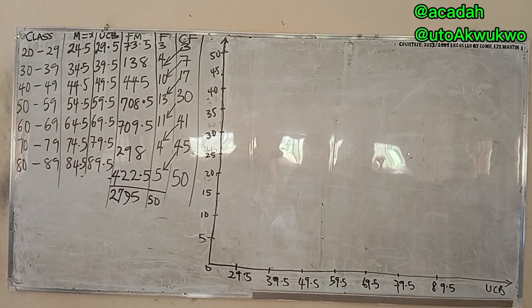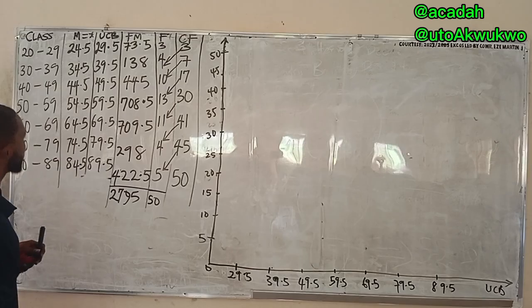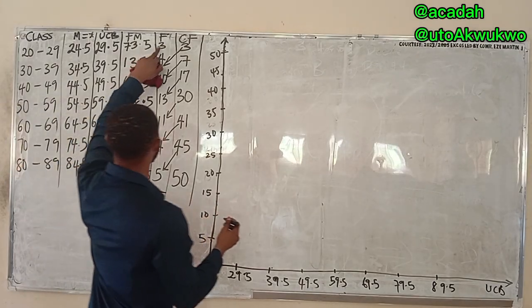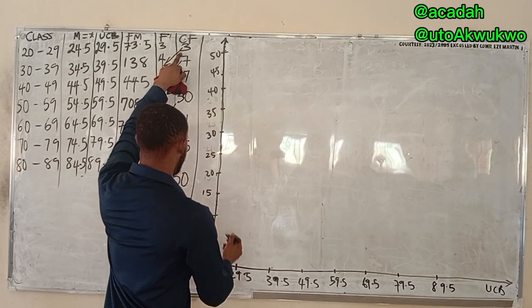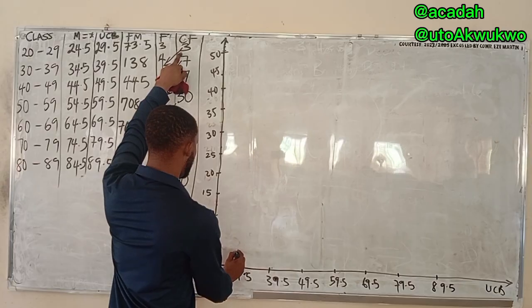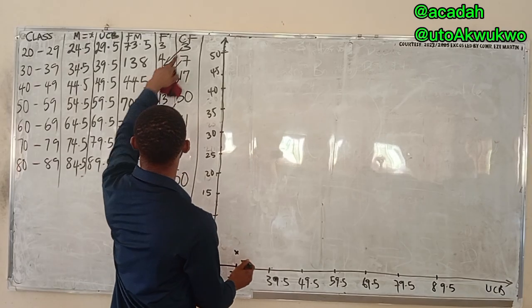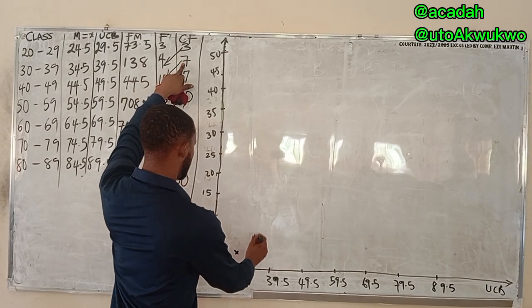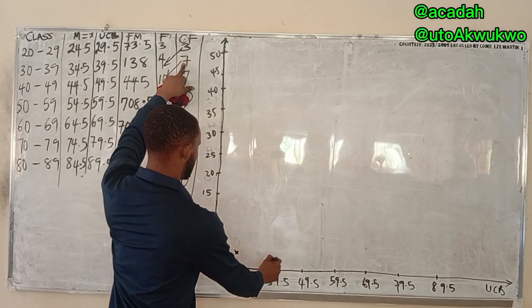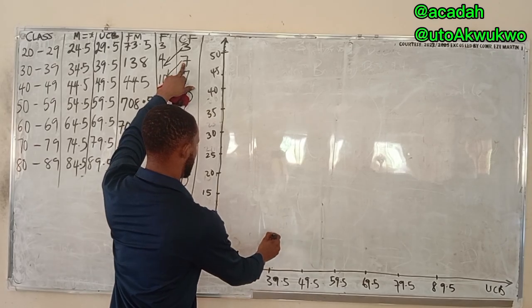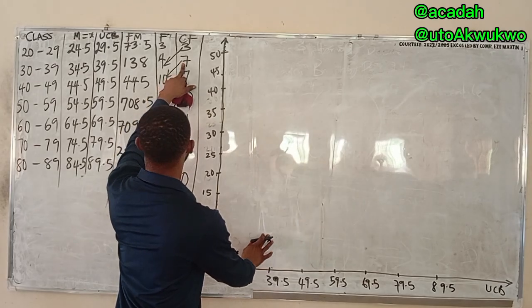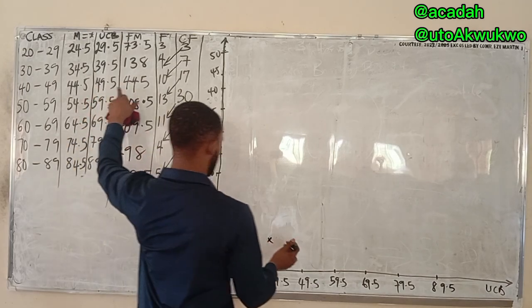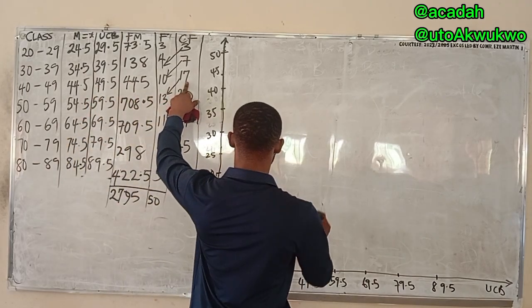That's it. Now come and mark out my points. Let me do the first one. So this is 3, over here. 7. This is over here. 17.